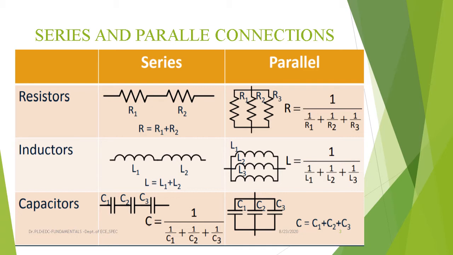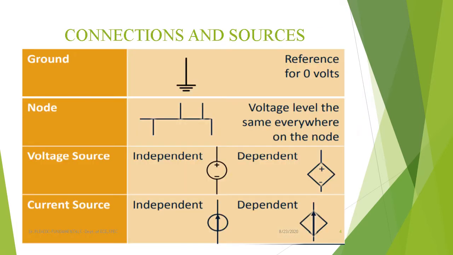Coming to the parallel case, the equivalent capacitance is C equals C1 plus C2 plus C3, that is, the summation of the capacitors. These are the series and parallel connections of components.